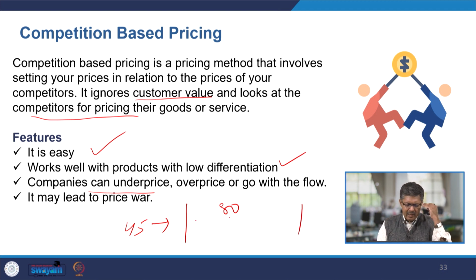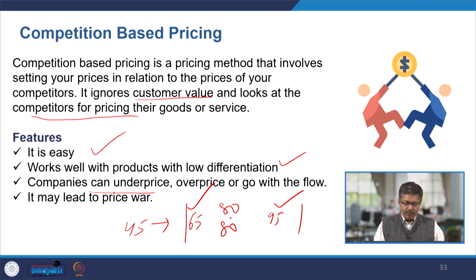Looking at the objective that I have to grow in the market, penetrate into the market or survive in the market, I can maybe sell at, let us say, 65 rupees for the same product, or I can sell at, let us say, 95, taking two occasions. So, I can underprice myself, I can overprice myself, or go with the flow, I can almost sell at 80 again.